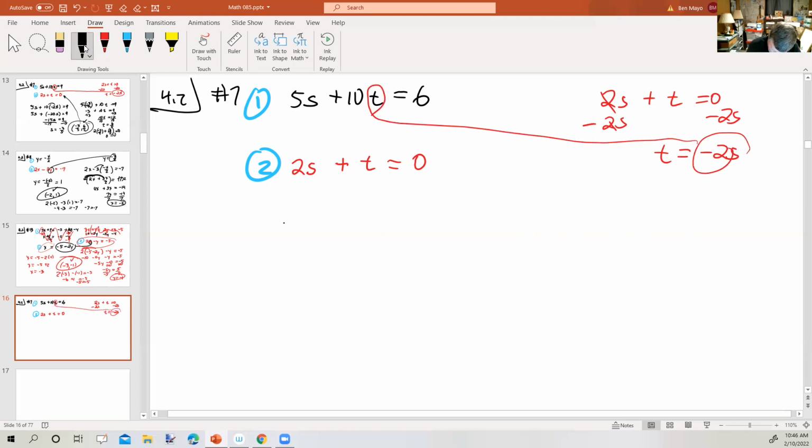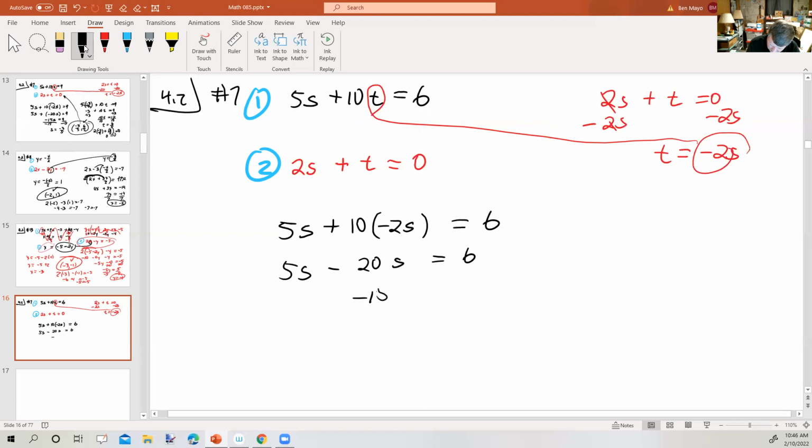This gives me 5s plus 10 times t, but t is being substituted with negative 2s, equals 6. So 5s minus 20s equals 6. Negative 15s equals 6. Divide by negative 15, s equals negative 3/5.